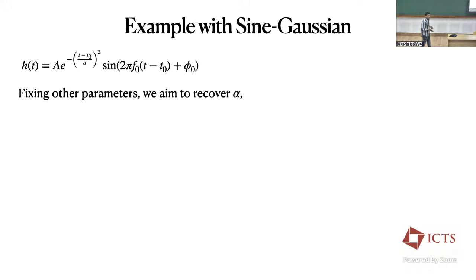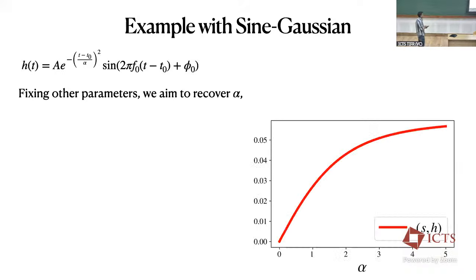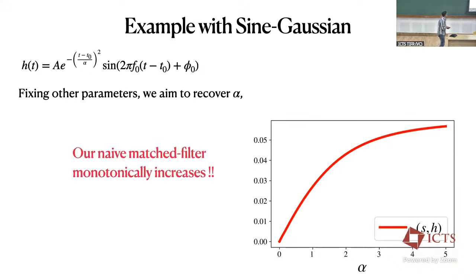Any guess what will happen? The thing should peak at alpha equals 2 or something? It should, right? Okay. It does not actually. It just monotonically increases. Our naive matched filter is unable to recover the injected alpha from the signal.